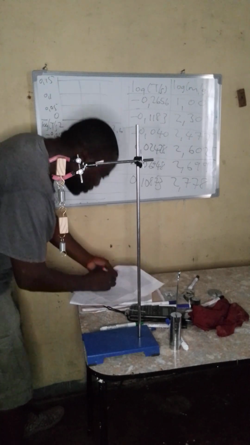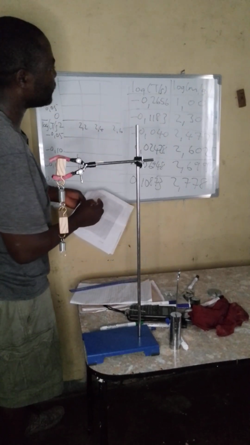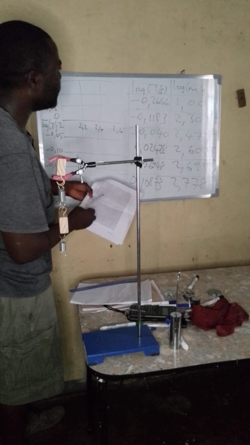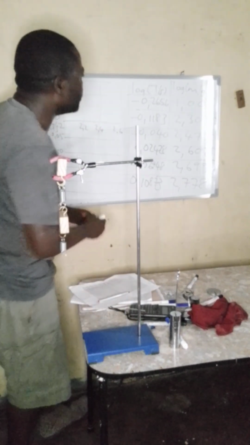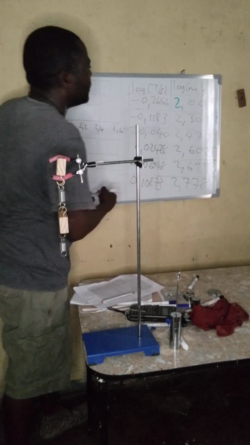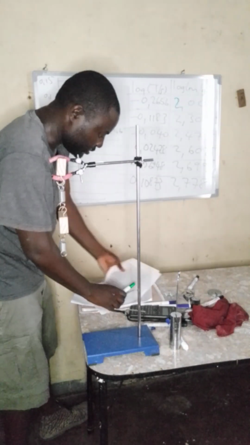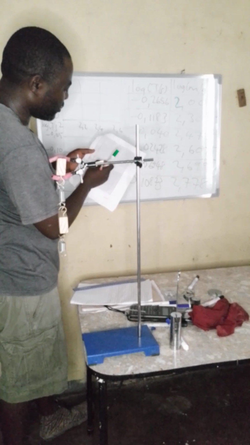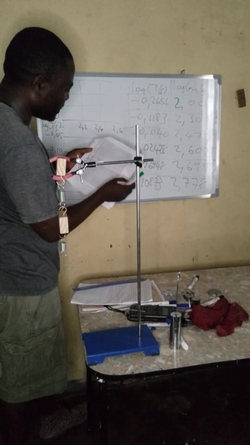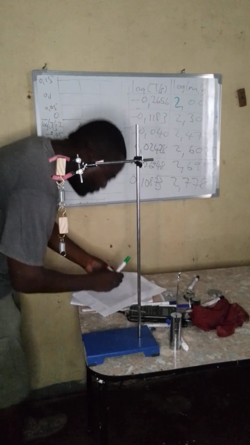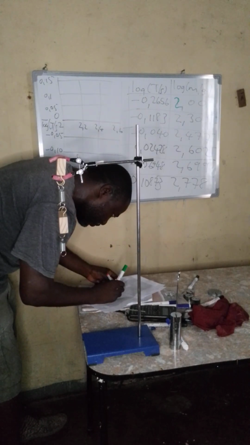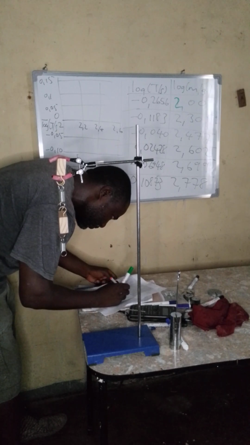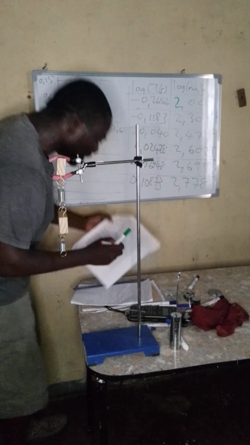So here we have 2, right? The log there should be 2. You should have 2 there for log 100. So we have 2 there, 2,1, 2,2, 2,3, 2,4, 2,5, and 2,2, 2,4, 2,6, 2,8, right?